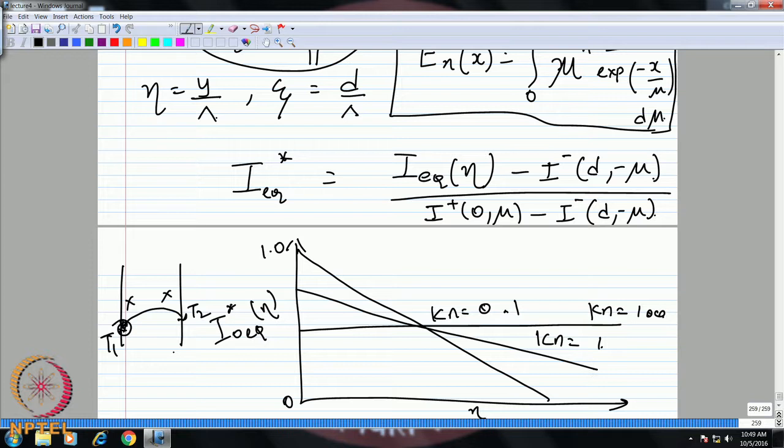But what happens is there is a shock, because the second surface is at temperature T2 and this phonon does not know that. Therefore, there will be a discontinuity at the boundaries. These are your boundaries.